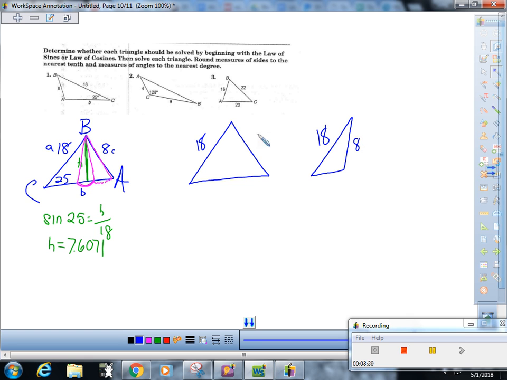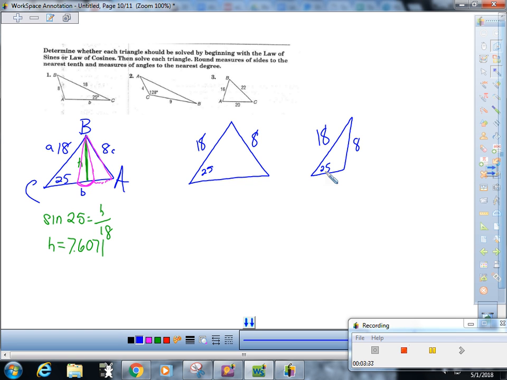This hasn't changed, and this hasn't changed. I also want to remind you that if you have no idea about the ambiguous case and you just know how to do law of cosines, you'll still get completely half of this right. You're just going to miss out on the other half.